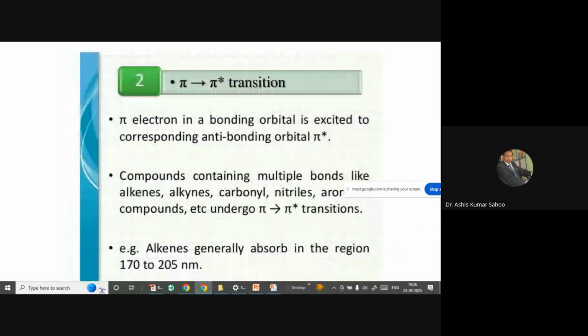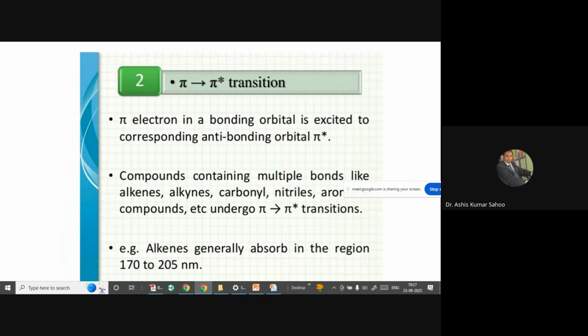Now we talk about pi to pi star. Here a pi bond should be present, as in alkenes and carbonyls and nitriles, where unsaturation means more than one bond will be there. A pi electron in a bonding orbital is excited to the corresponding anti-bonding orbital, pi star. Compounds containing multiple bonds like alkenes, alkynes, carbonyls, nitriles, etc. show pi to pi star transitions.